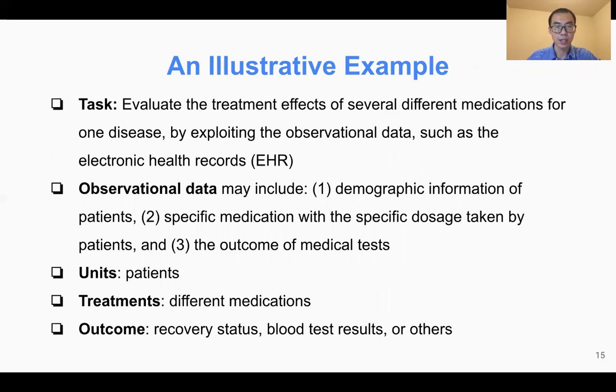For this task, we may have the observational data, which include the demographic information of patients, some specific medication with a dosage taken by patients, and also the outcome of medical tests. In this task, the units are patients, and treatments are different medications that can be applied to the patients. And the outcome could be recovery status of patients or blood test results or many other medical tests.